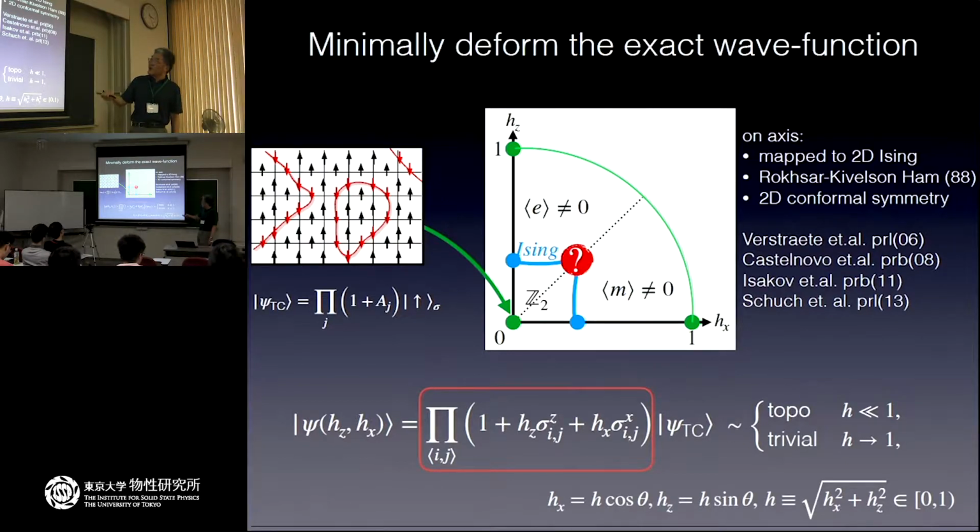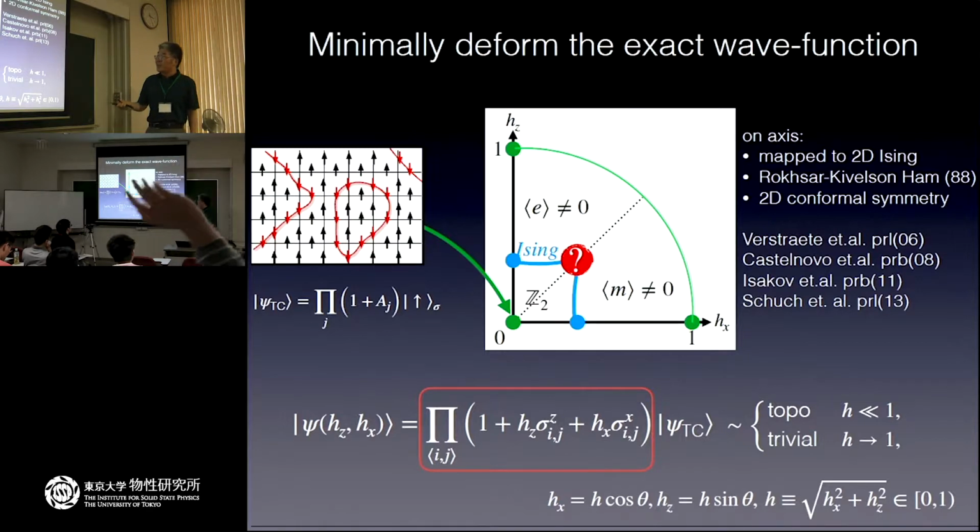In this form, we also have hx, hz. The roles of these two parameters look similar to a perturbation term in the Hamiltonian, but are not exactly equivalent, because these two terms are in the wave function instead of in the model Hamiltonian.